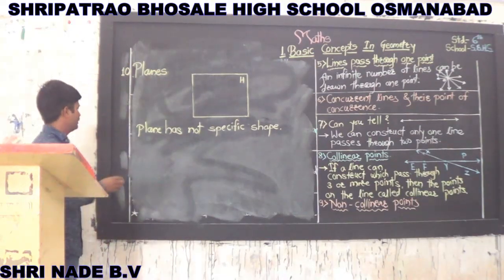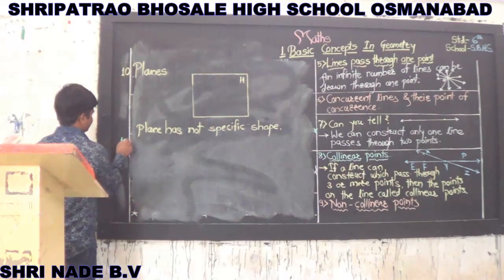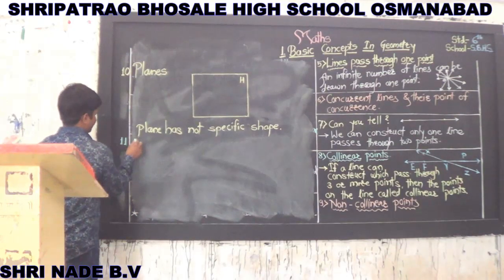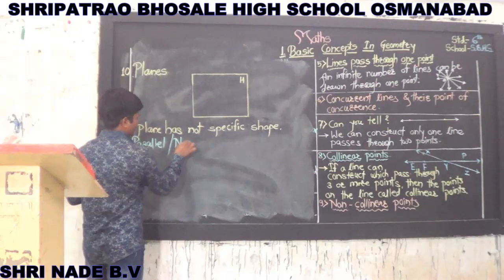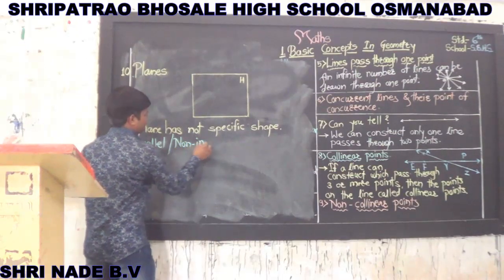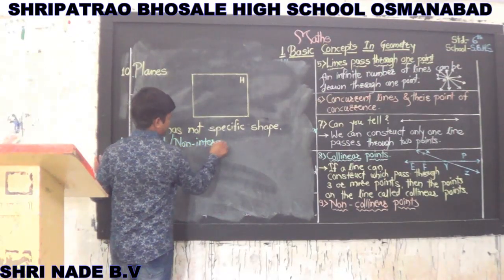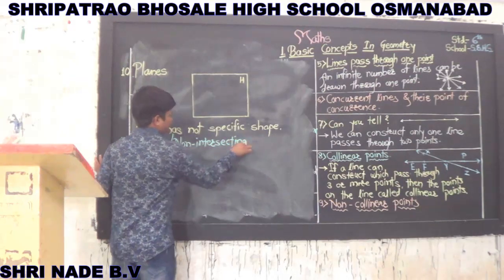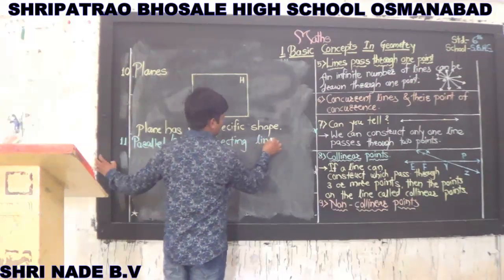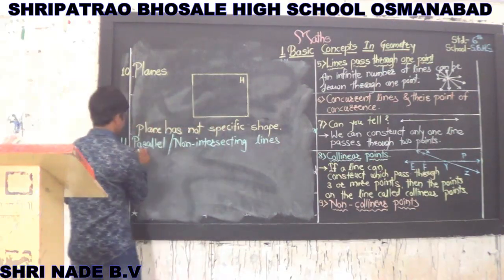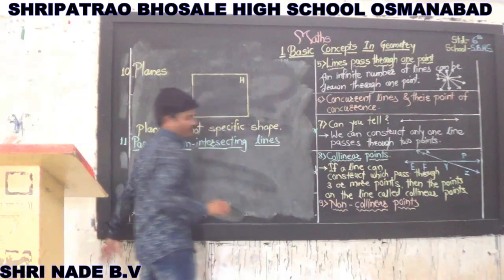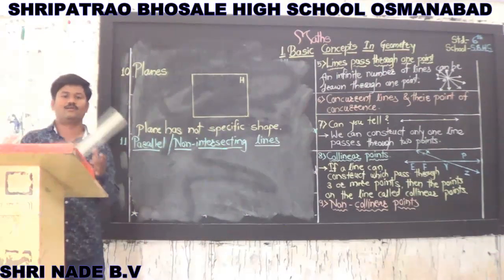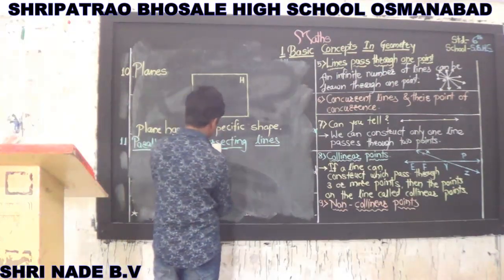Now look at the next point: parallel or non-intersecting lines. Now we see the figure of parallel lines.